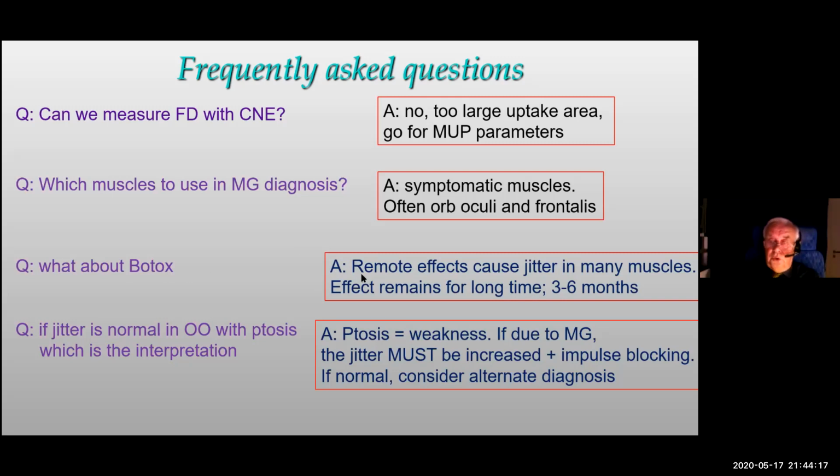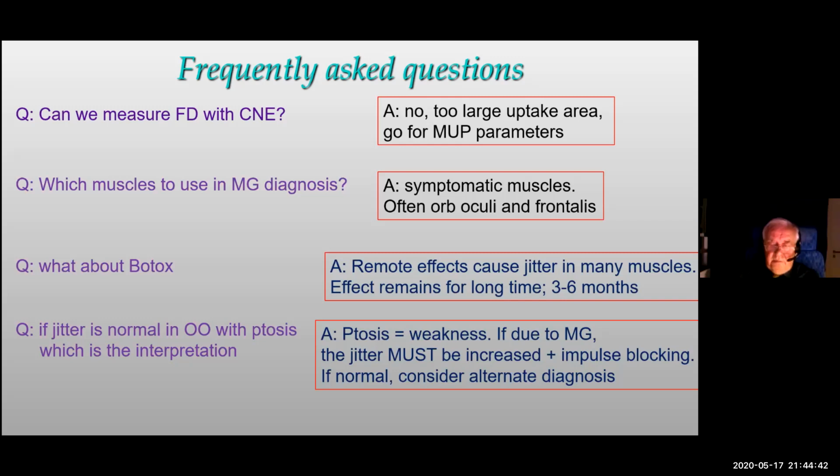And Botox is a problem here, I should say, that sometimes we get unexpectedly increased jitter in a patient that has some symptoms, but really not myasthenic-like symptoms. Then I ask the patient, did you take Botox? And then they say, yes, but that was long ago. It was a month ago.